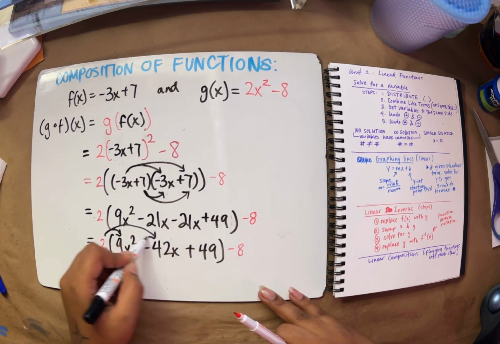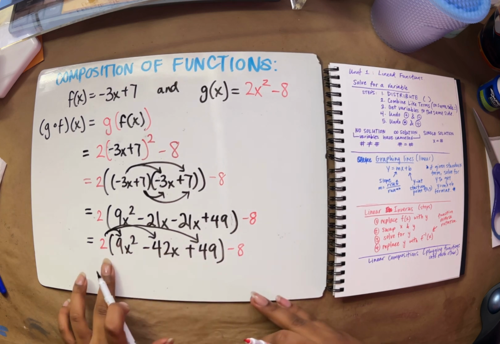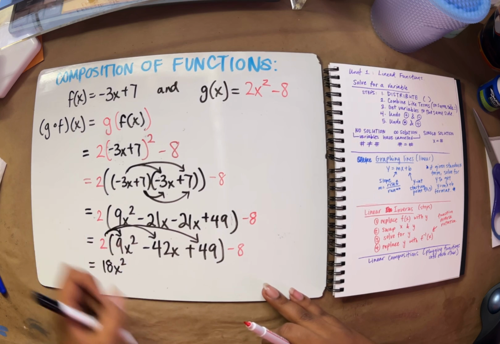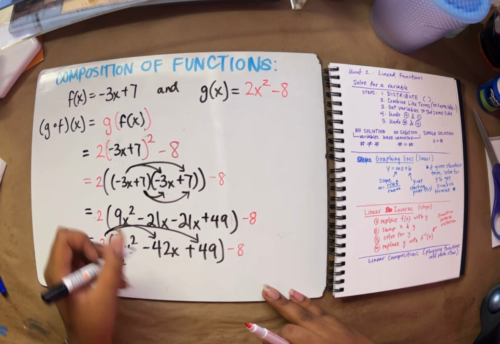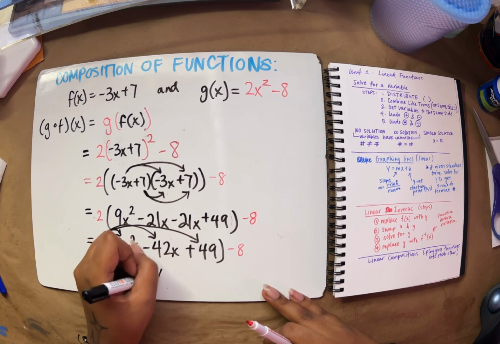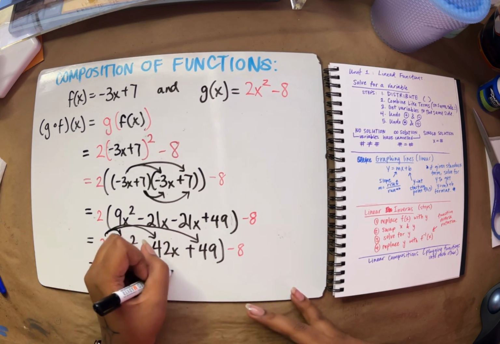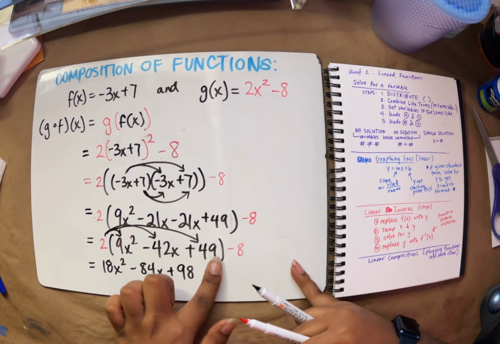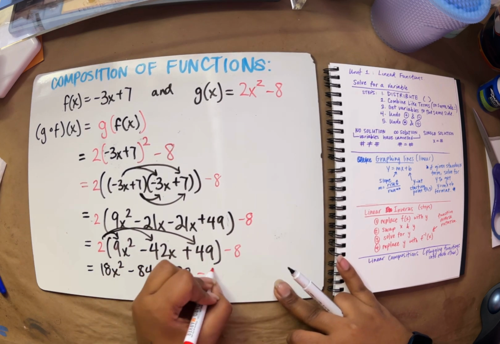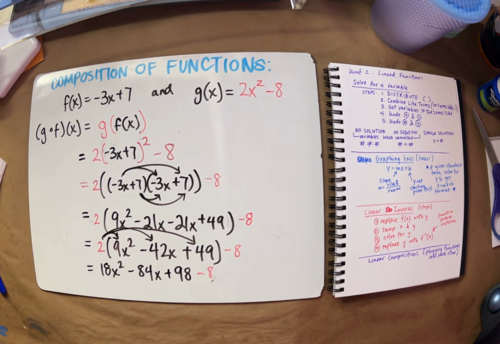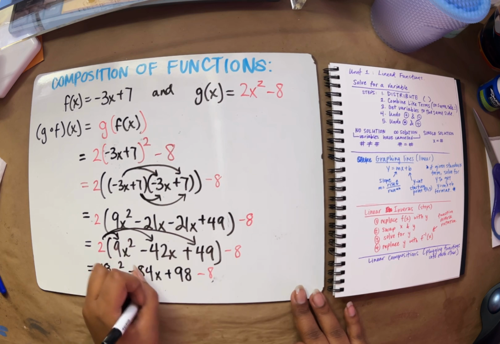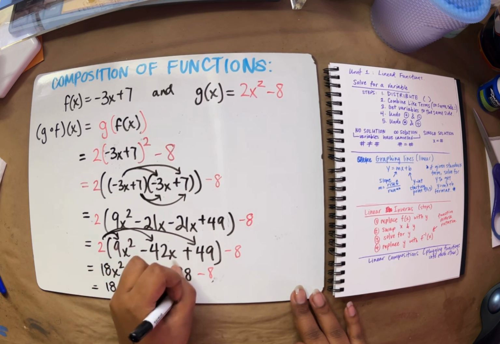Distribute to all 3 terms, because I have 3 terms now. 2 times 9 is 18x squared. 2 times negative 42x is negative 84x. 2 times 49 is 98. So plus 98 minus 8. Can I combine my like terms? Yes, I can. I have 18x squared minus 84x plus 90.